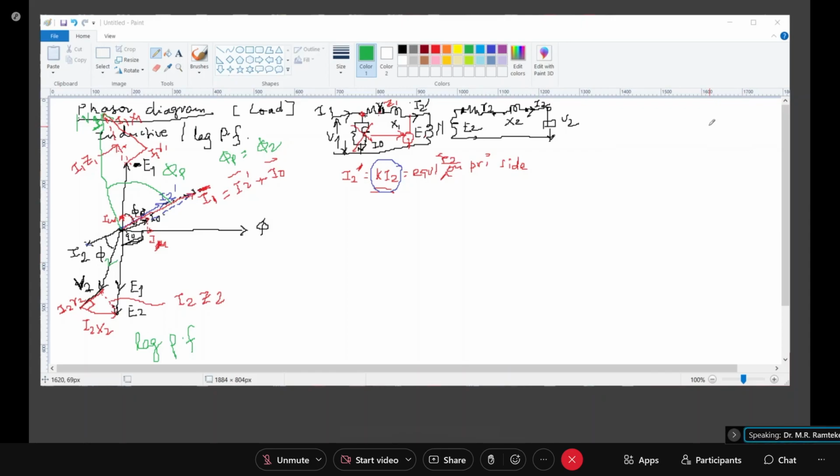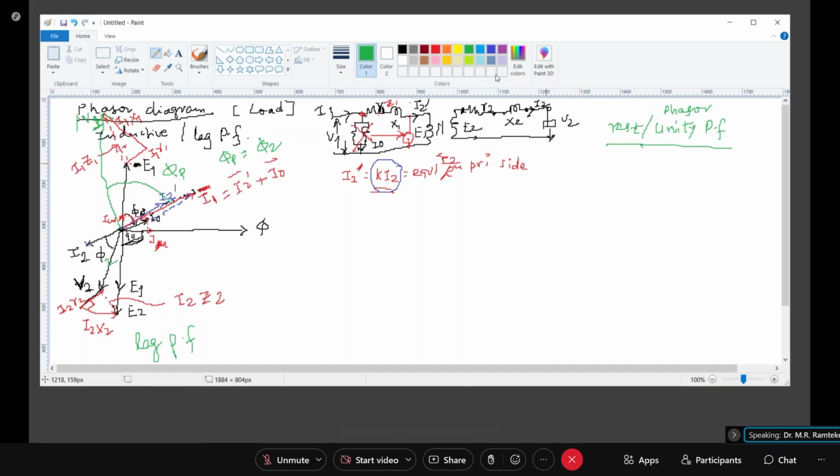And before that, we take unity power factor. This was lagging, and this is at unity PF condition now. Phasor for resistive load, the resistive or unity power factor condition.